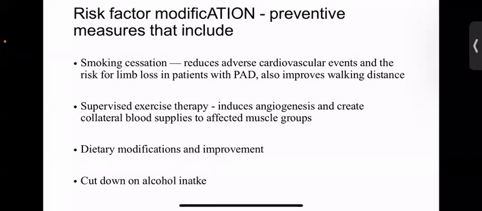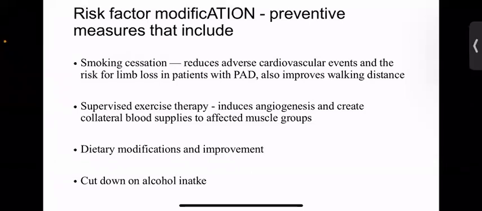So sometimes to control the nicotine addiction, we employ nicotine gum or nicotine patches, which will gradually reduce the dependency on cigarettes until a time where the patient is able to wean off completely.